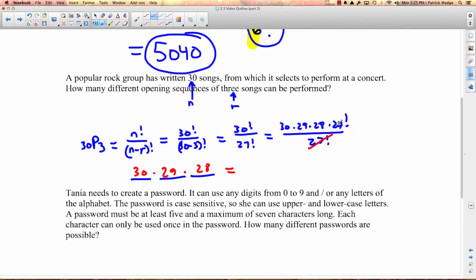The 27 factorials cancel, and you're left with 30 times 29 times 28, which is exactly what we have here as well. Okay, if you multiply that out, you get 24,360 songs. So the audience better be patient, because they've got a lot of discussion to do to figure out the best option.